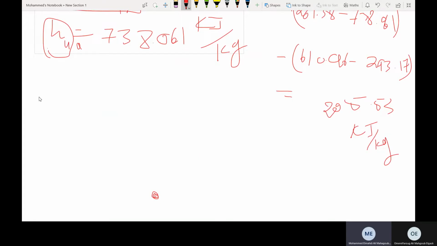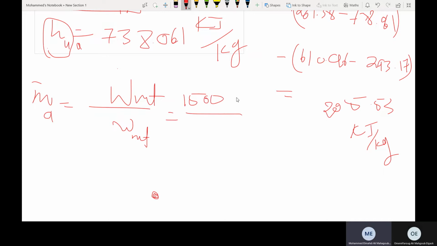Now, what's the mass flow rate that we want to find? As we said before, it is the net power over the net specific work. 1500 kilowatts. Keep them both in kilos, so you are going to get kilograms per second.